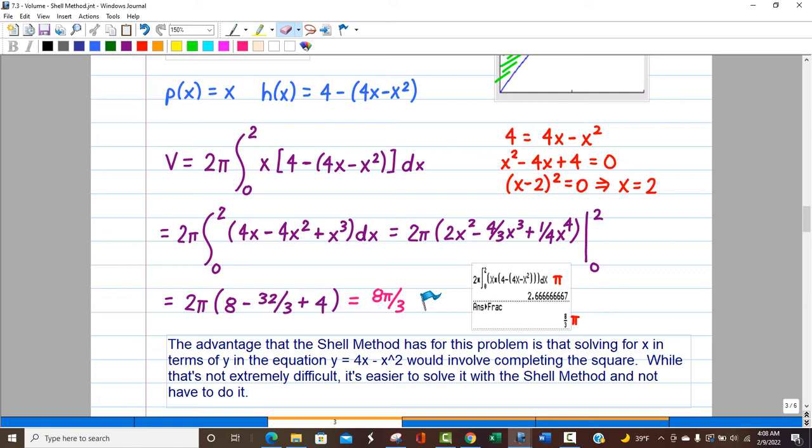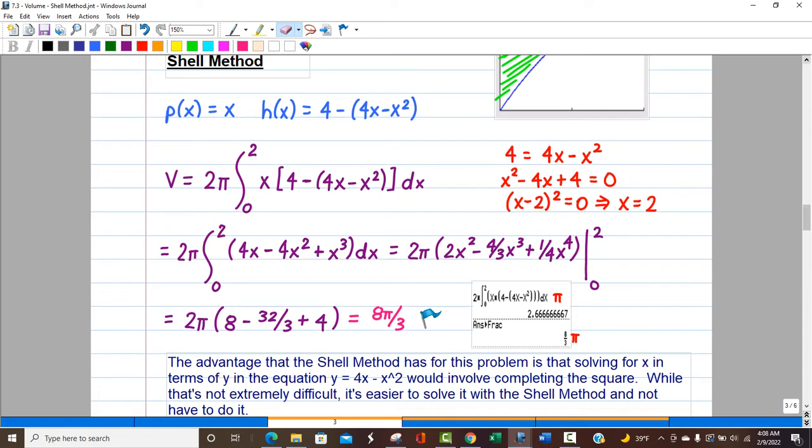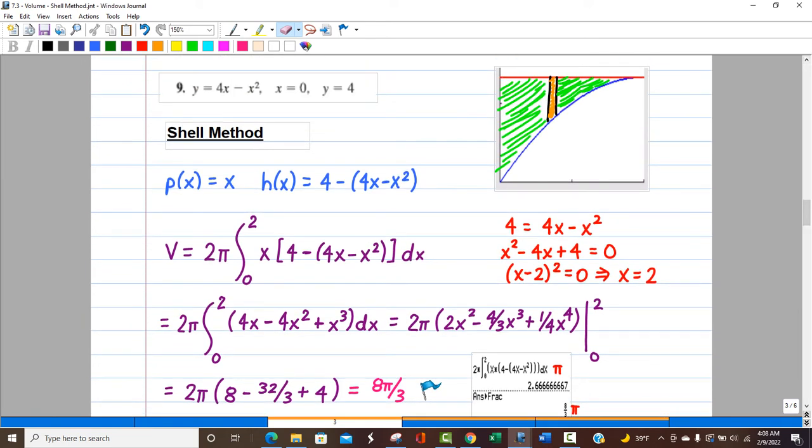Here, actually, see, I wrote the pi in. I forgot to write the pi in up there earlier, but I put it right in here, before I even simplified it, and got the right answer, 8 over 3, and then you put the pi in there. Now, this one shell method, I think, is an advantage because unlike the one I showed earlier where I told you that you could not solve it for y, this one, you can solve it for y, but it's a bit of a nuisance.